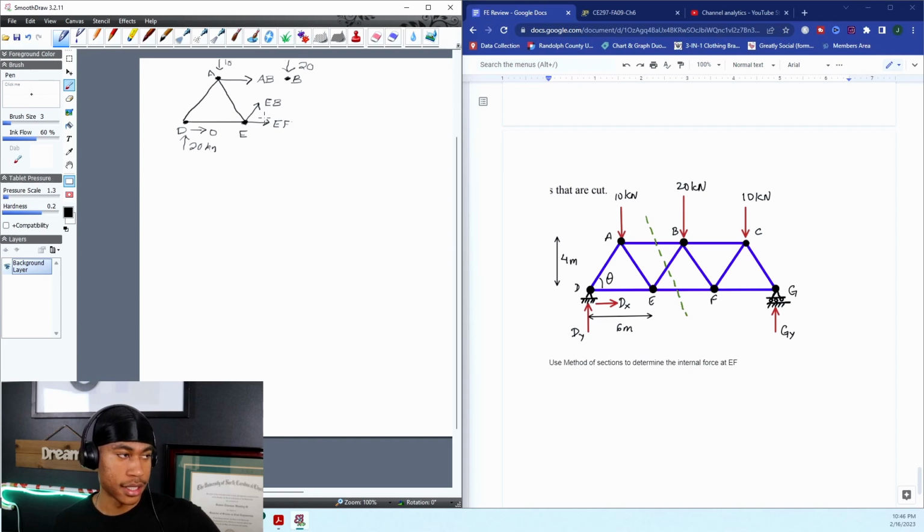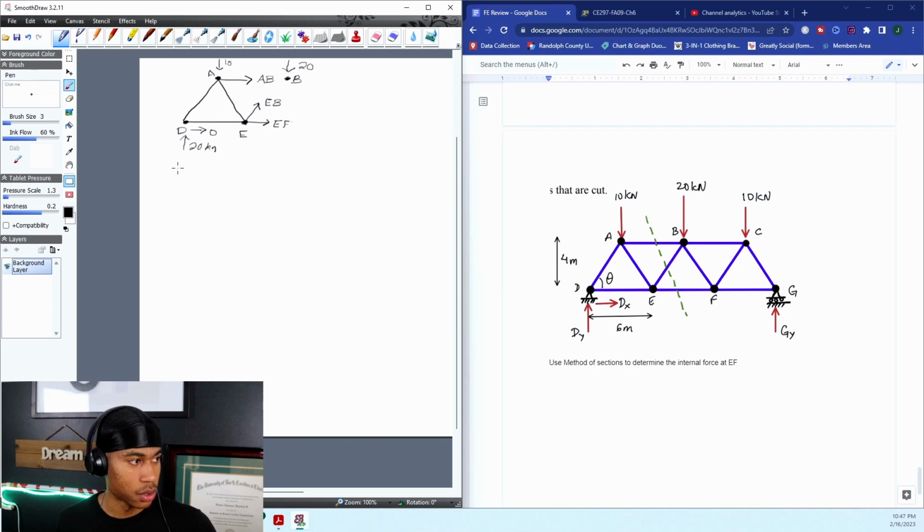So by gauging this, if I take a moment at D, there's no perpendicular distance from D. So that's going to be EF times 0, which cancels out that whole function. So that wouldn't make sense for me to take a moment there. We could take one at A, and we could also take one at B. And if you want to test all those, it's cool. Should get the same answer. I'm just going to take one at B.